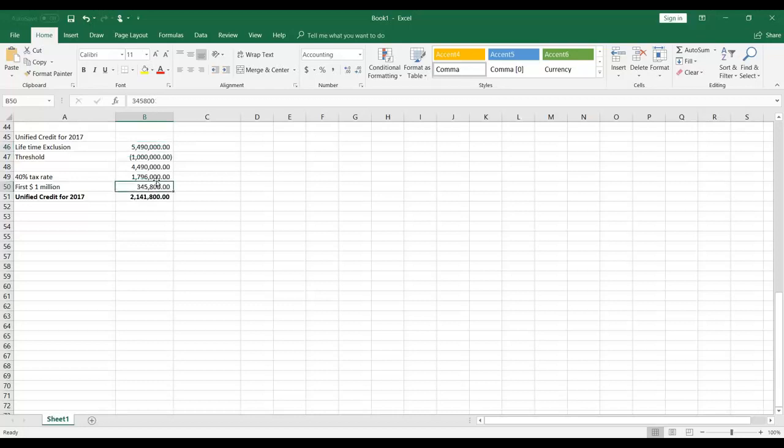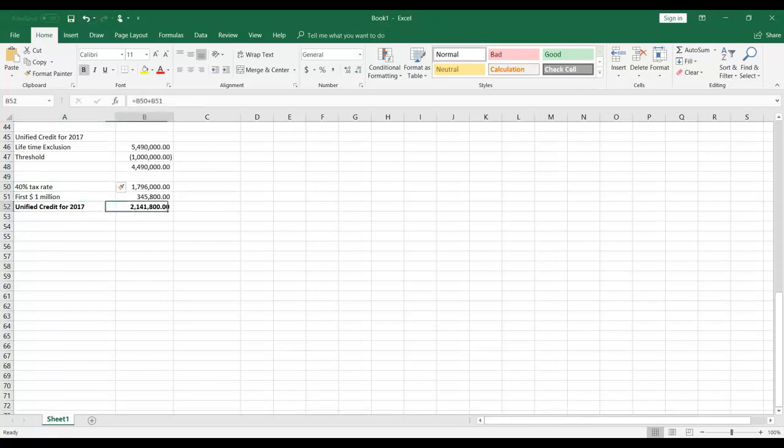Now for the estate value in excess of 1 million, the maximum tax is 40%. So I apply that: 1,796,000 is my tax on the 4.49 million. And then for the first 1 million it is 345,800. So together, my unified credit is 2.141 million. Okay, any doubts?